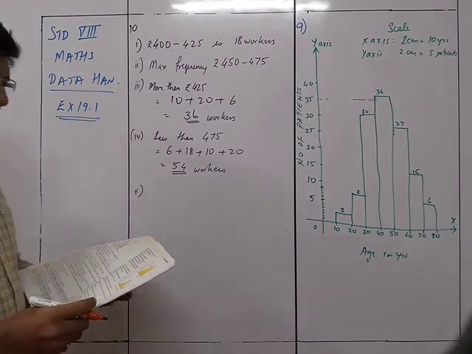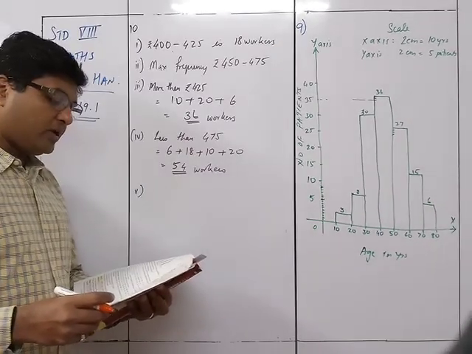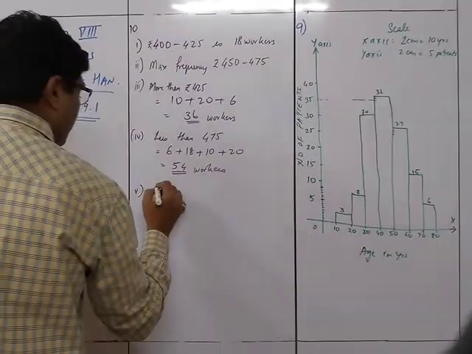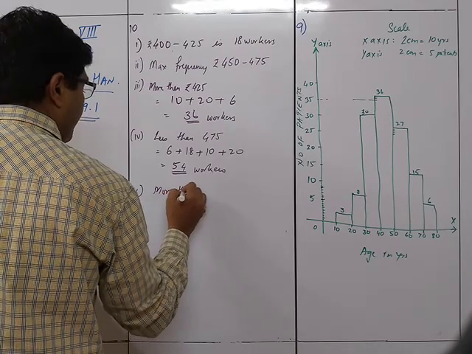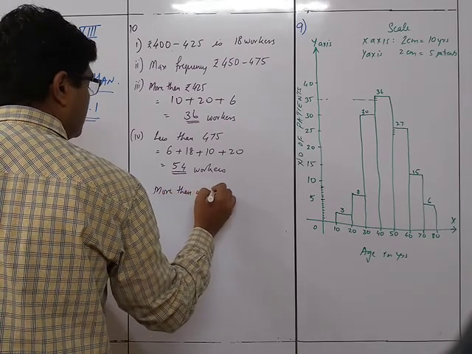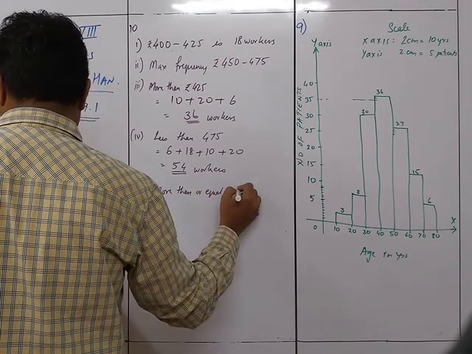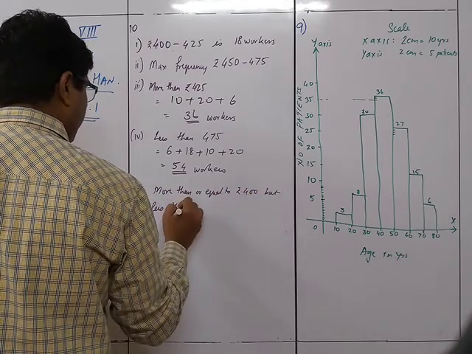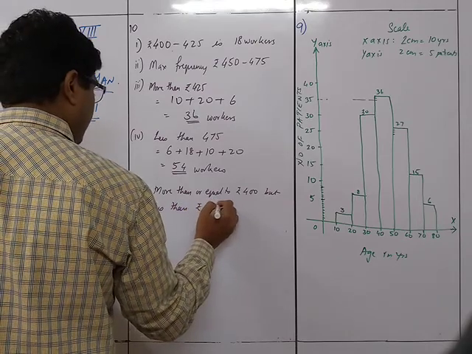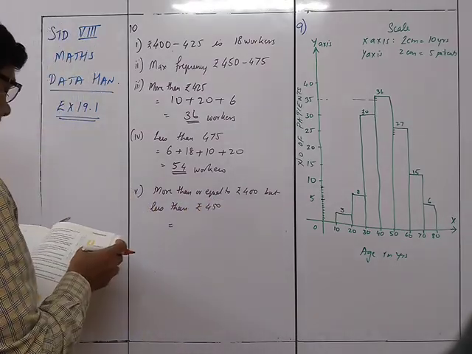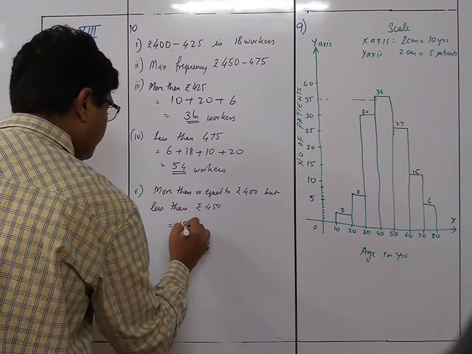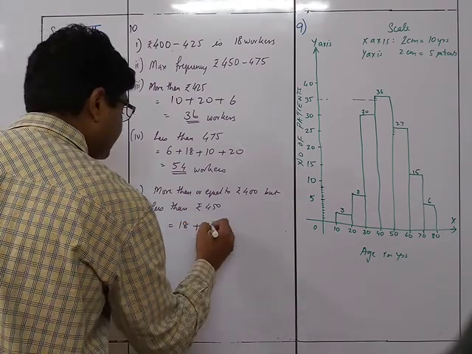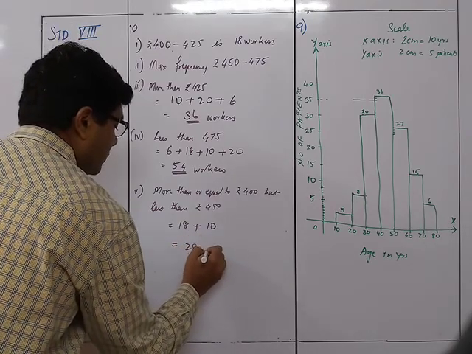The last question. Number of workers whose weekly wages are more than or equal to 400 but less than 450. So more than or equal to rupees 400 but less than rupees 450 is equals to, see, 400 to 425 is 18, 425 to 450 is 10, that's it, 28 workers.